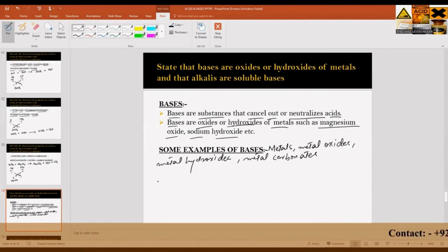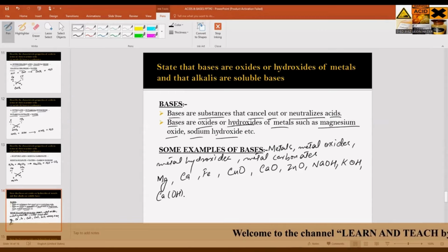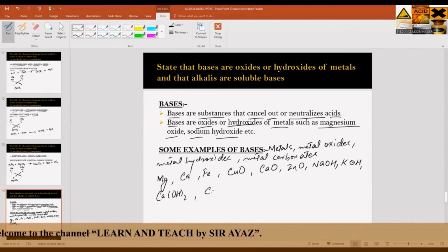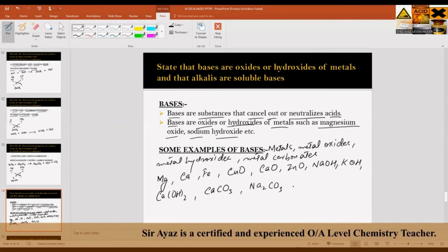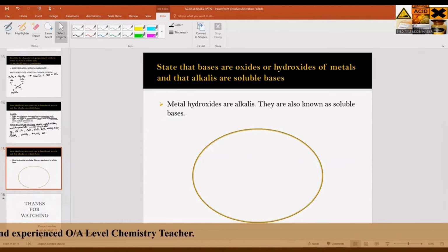For example, any metal like magnesium, calcium, iron; metal oxide like copper oxide, calcium oxide, zinc oxide; metal hydroxide like sodium hydroxide, NaOH, potassium hydroxide, KOH, calcium hydroxide, Ca(OH)2; metal carbonate like calcium carbonate, CaCO3, sodium carbonate, Na2CO3, and there are so many examples, etc.